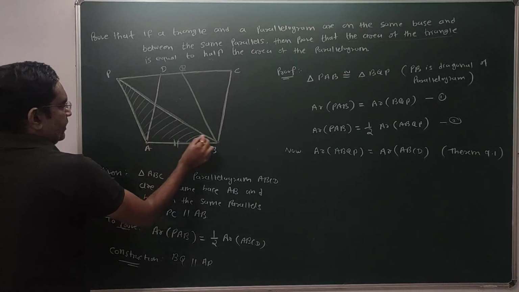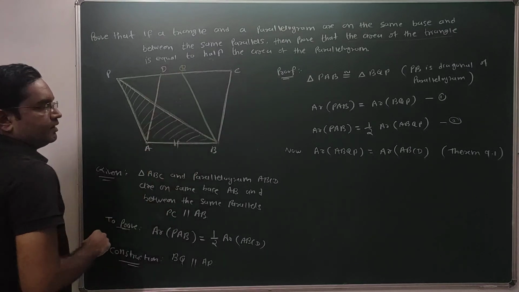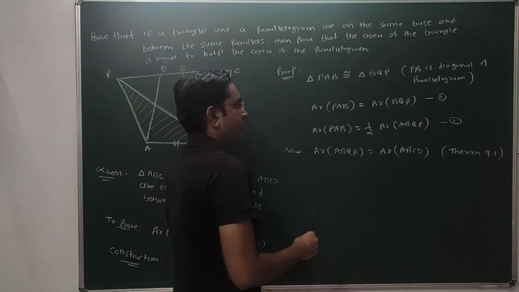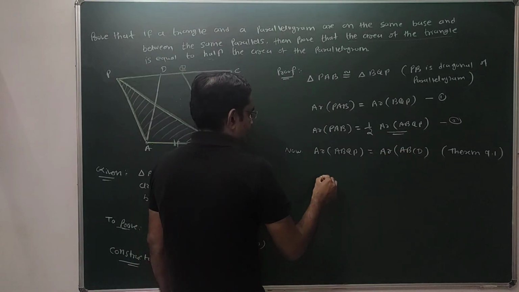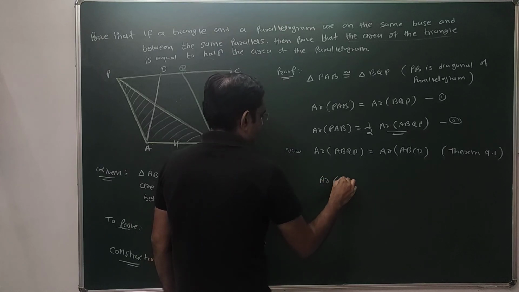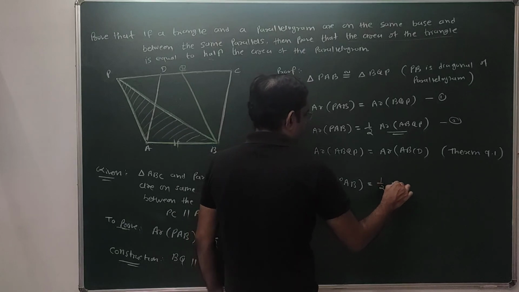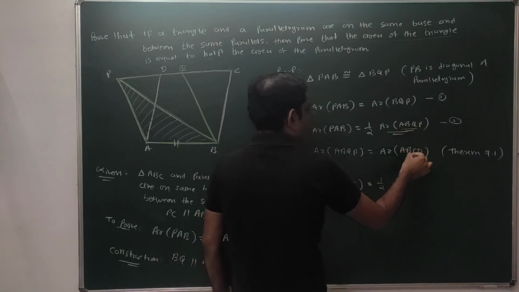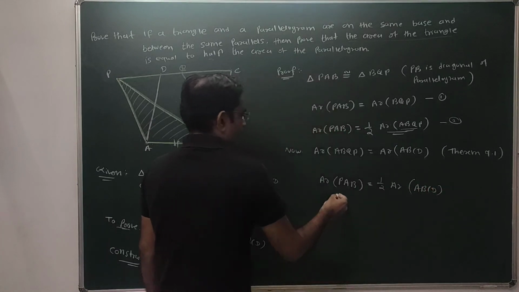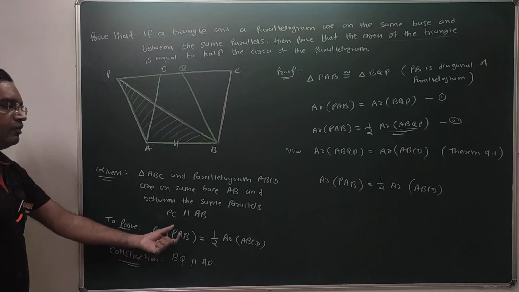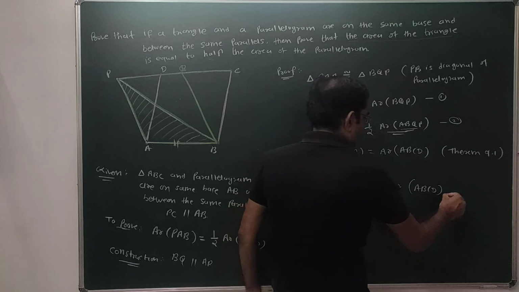So we can replace the area of ABQP with the area of parallelogram ABCD. Therefore, area of triangle PAB equals 1/2 area of ABQP, which equals 1/2 area of parallelogram ABCD. So the area of PAB equals half of the area of parallelogram ABCD. Hence proved. This we have to prove.